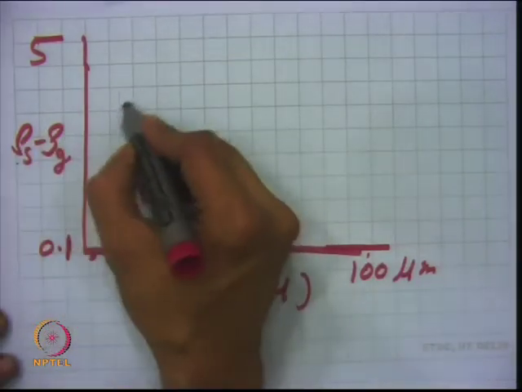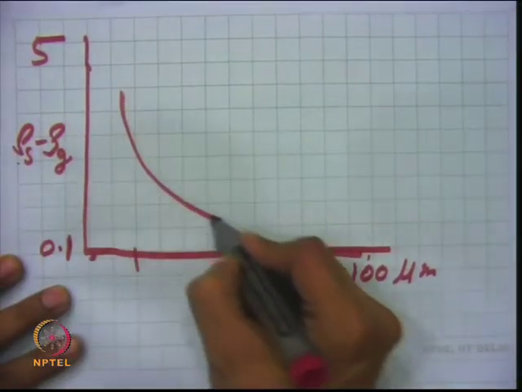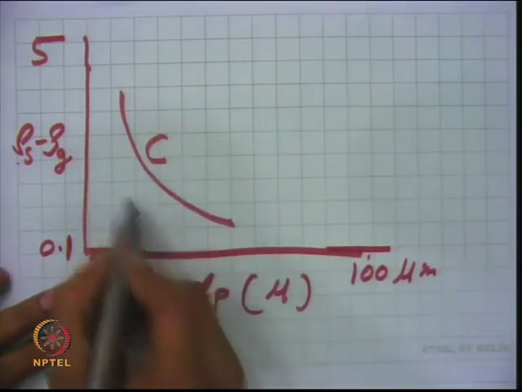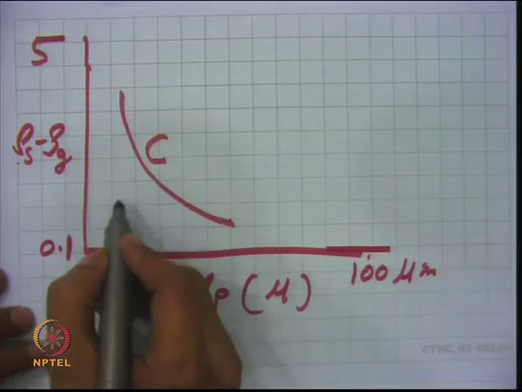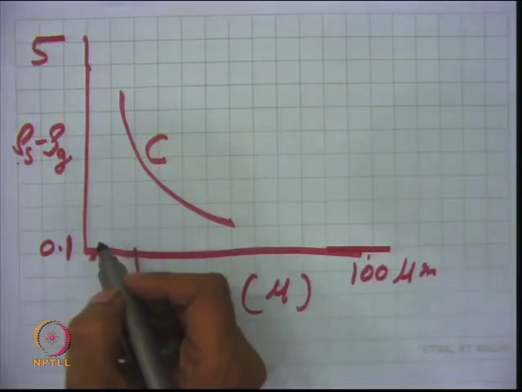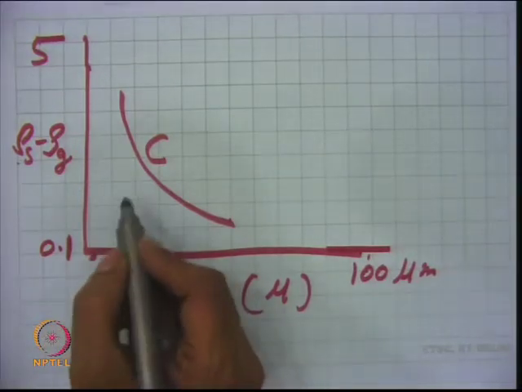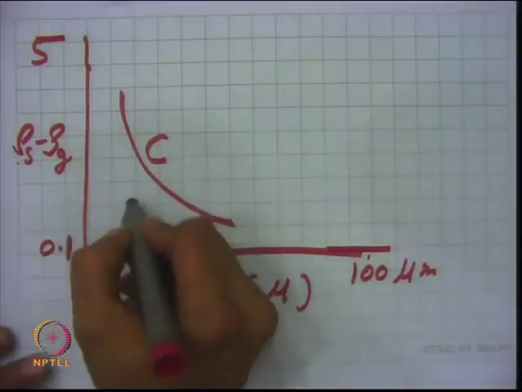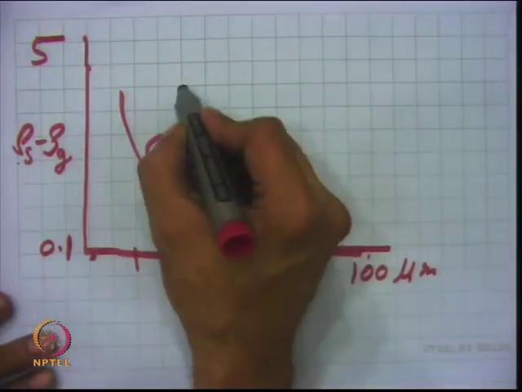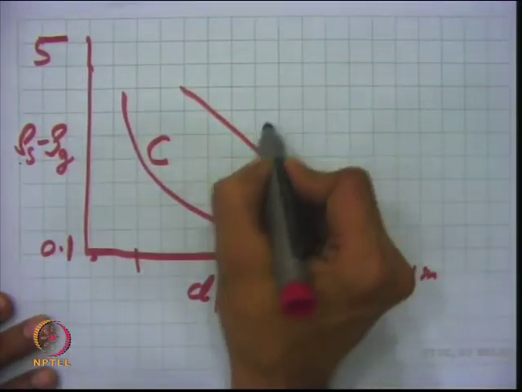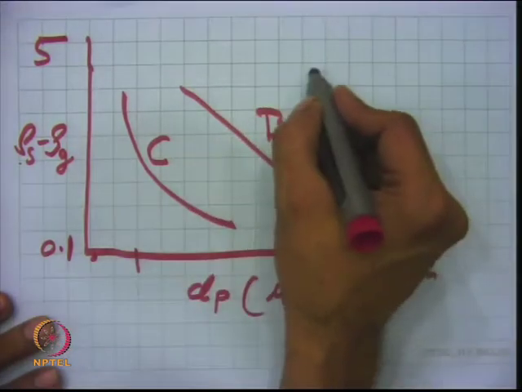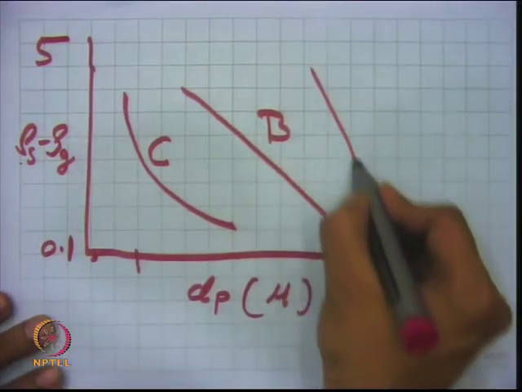You can have different kinds of classification or standard curves. This is known as type C, which is a cohesive material, this zone. It is like a flour type of material which is difficult to fluidize, and lumps go up along with the gas. In between we have the B classification, and then the category D classification.